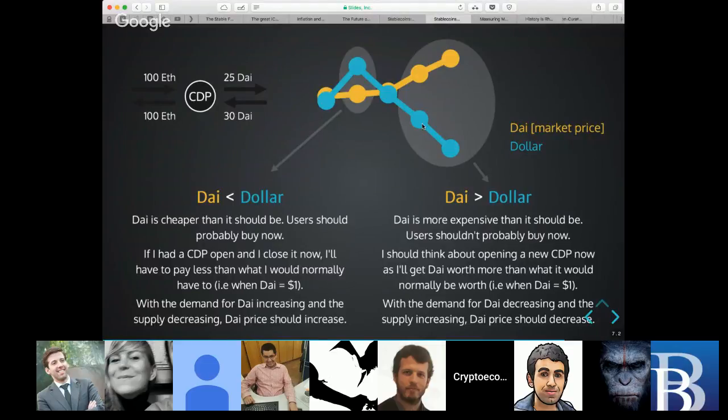So this is how cryptoeconomics is being used, well, one slice of it, to ensure stability.